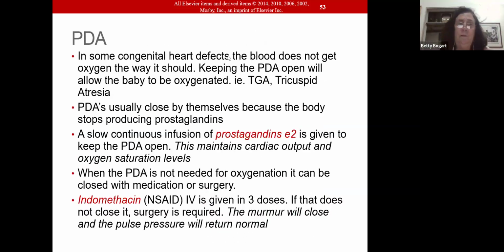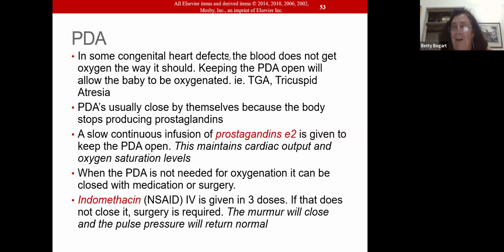Now, they usually close within the first 3 weeks of life, usually within a couple days. So that PDA, we've got to do something. Well, in utero, mom produced this hormone called prostaglandins, and it kept that PDA open. When you're born, mom's supply is gone, so it closes because it doesn't have prostaglandins.